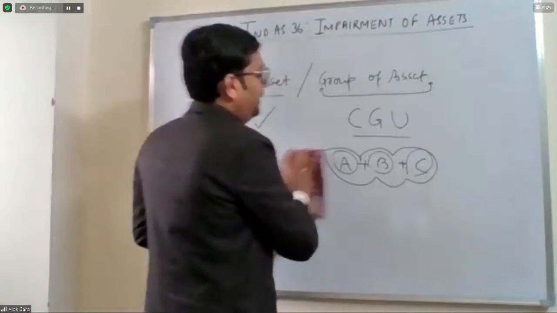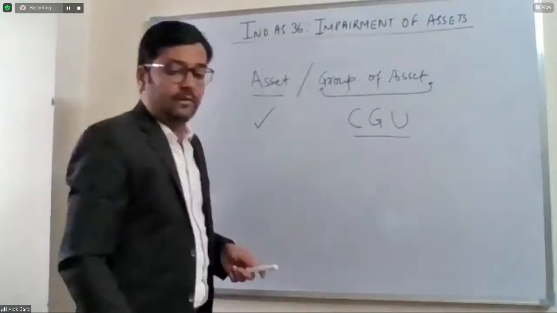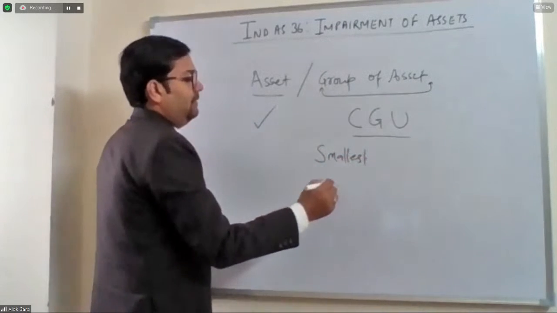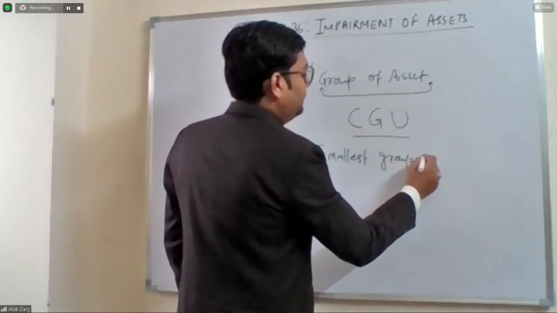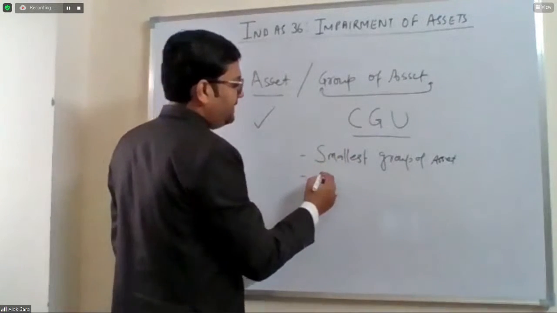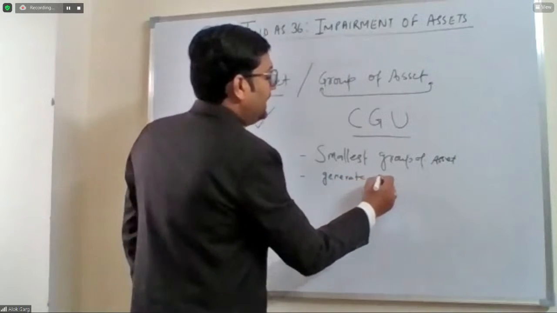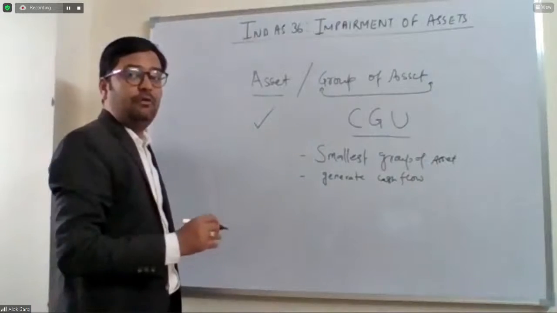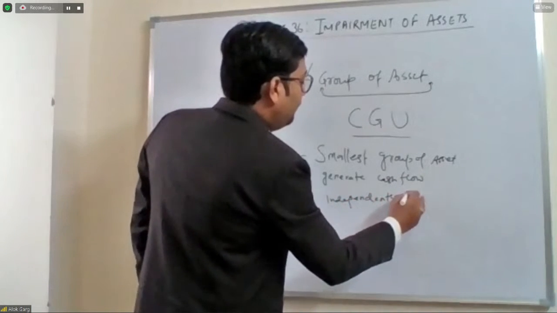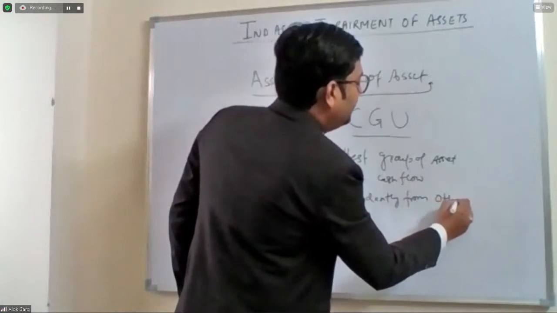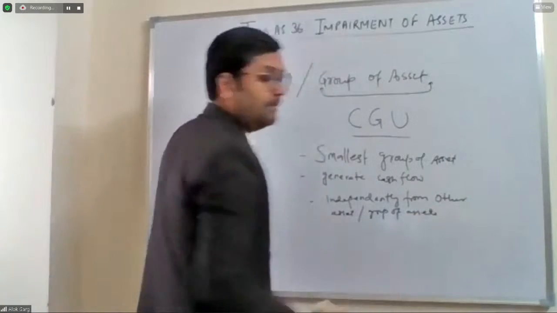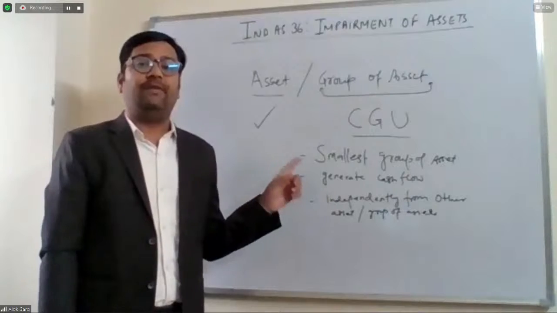Now the definition of cash generating unit is: the smallest identifiable group of assets which can generate cash flow independently from other assets or other groups of assets.